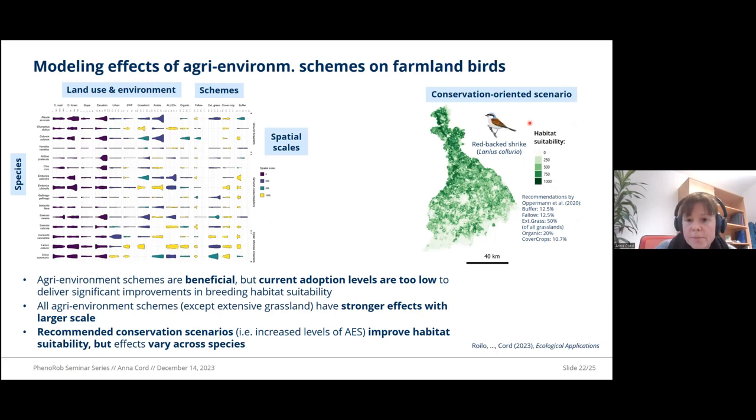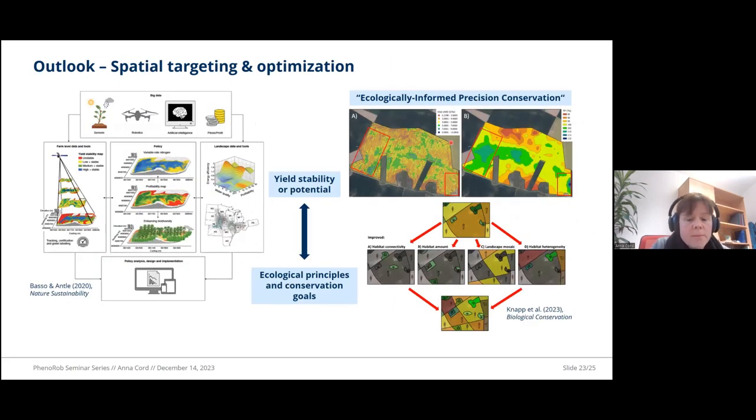So to conclude, and this is a bit a point of interest and discussion, maybe for future joint work. A lot of the ecological or agroecological thoughts currently go into spatial targeting and optimization. So obviously the idea is to use yield data information.